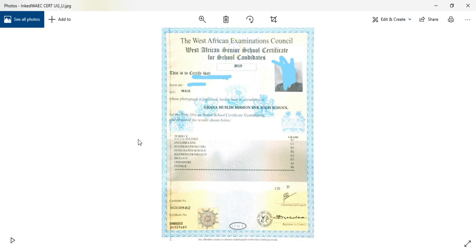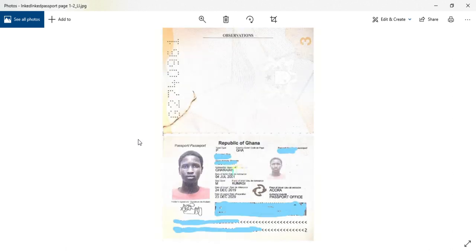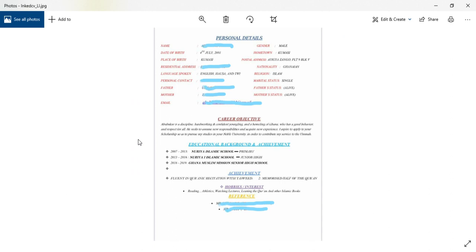From there we have the curriculum vitae, the CV. Some universities request your CV, and this is just how a CV looks. A CV has different formats, so this is one of the formats you can put your CV in. And we also have your health certificate.